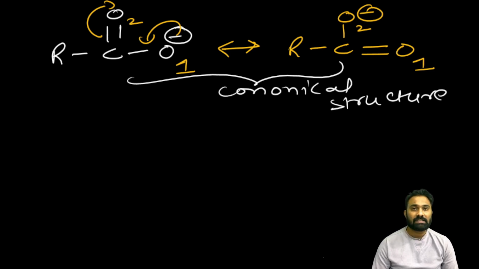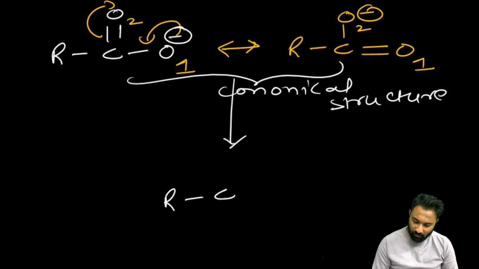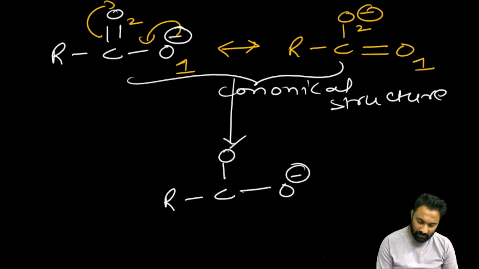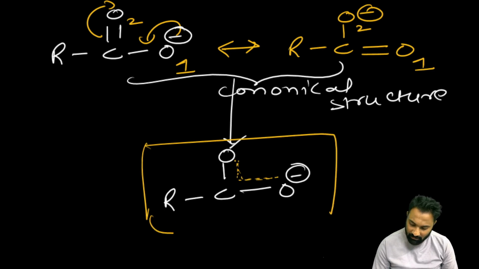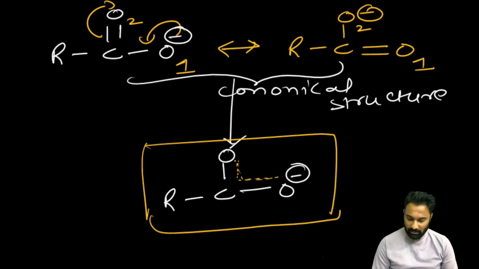These structures do not have any real existence. In between these two structures we have one original structure that we call the resonance hybrid. Clear? Only this resonance hybrid has real existence. These two structures are called canonical structures.